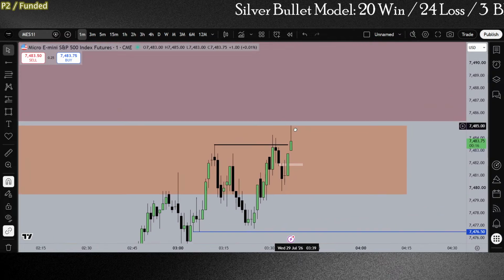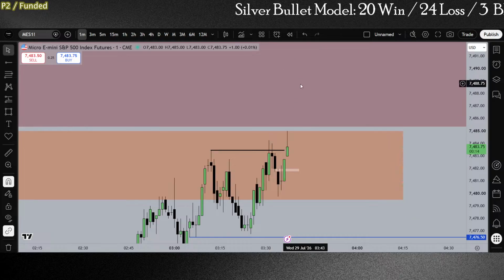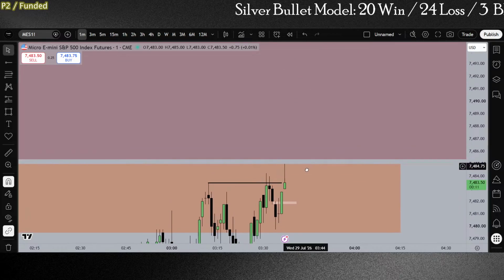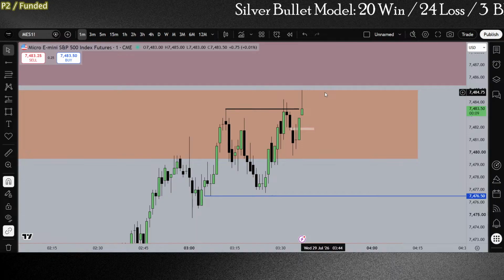And we are almost approaching a very deep premium of the current range that we are in. Some sort of a suspension block being formed in here.